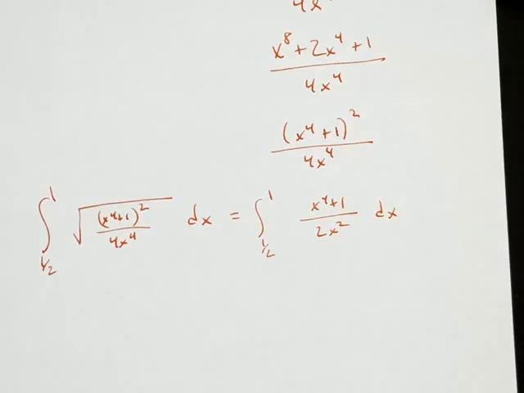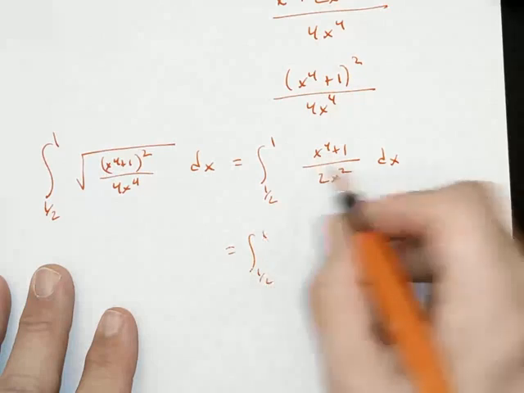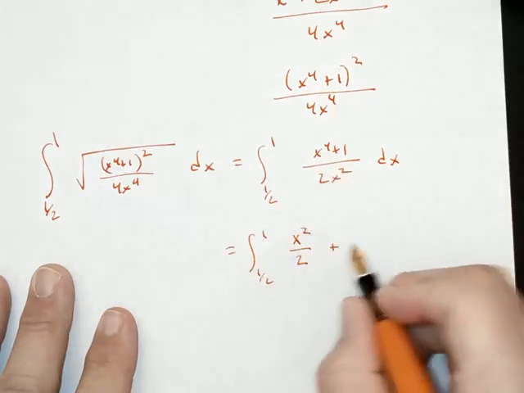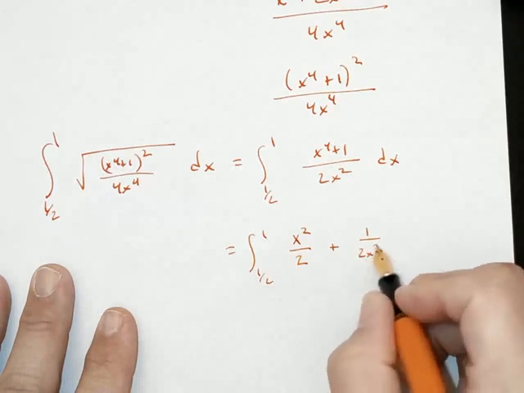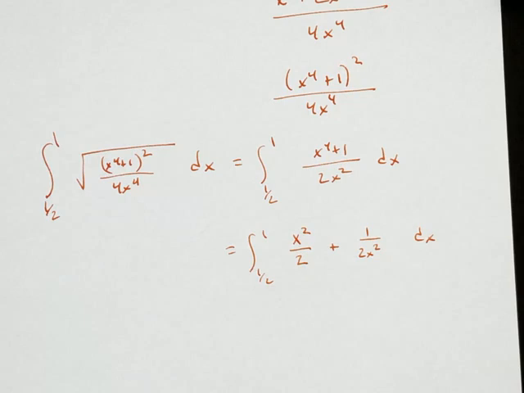And now I'm back to the same sort of setup I was algebraically. I split this up, I get x squared over 2 plus 1 over 2x squared. I know how to integrate this.